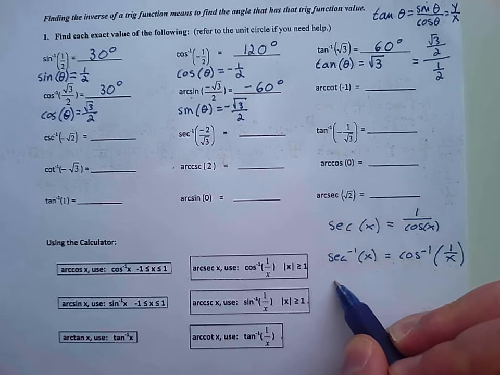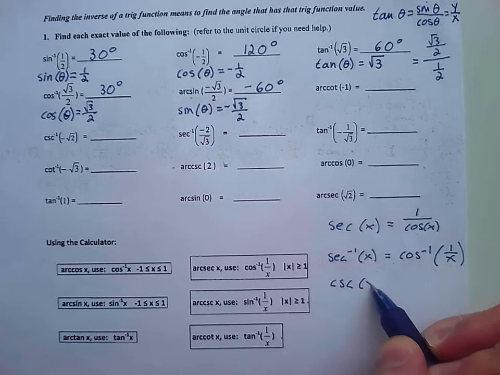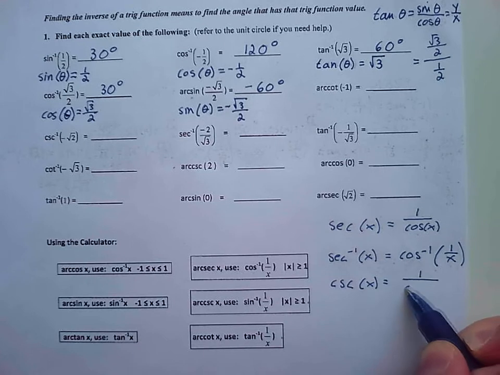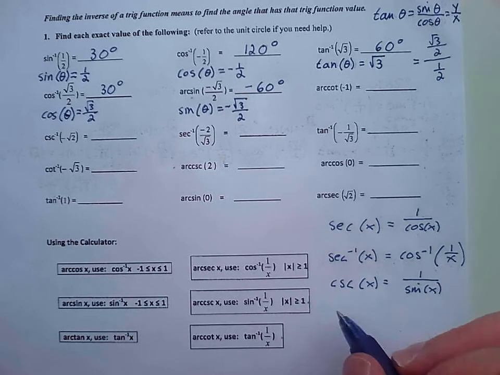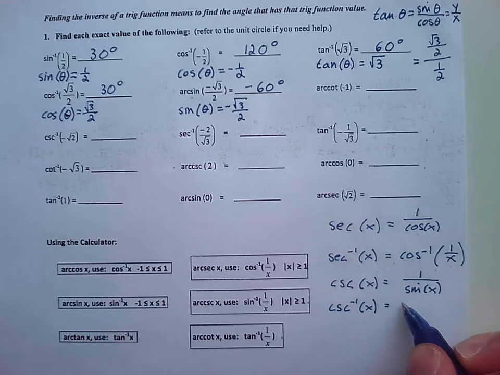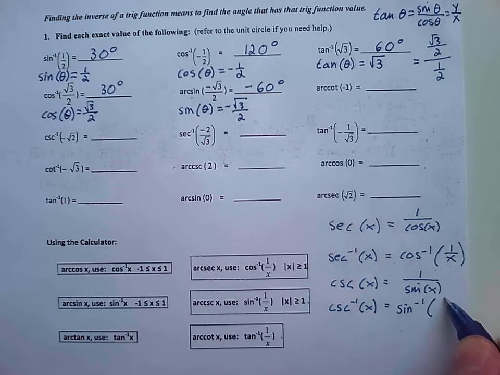Remember that the cosecant of x is the same thing as 1 over the sine of x. But if we want to take the arc cosecant of x, this is going to be the same thing as the arc sine of 1 over x.